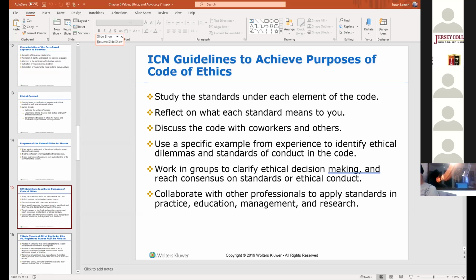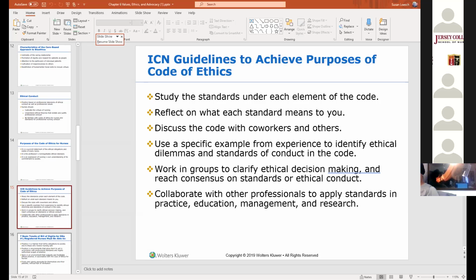If you follow the International Council of Nursing guide and study the standards under each element, then you can reflect on the standards and understand not only what it means to you, but what it means to nursing in general. You can discuss this code with your coworkers and with others, and you might want to when you become a charge nurse on the floor and you're dealing with other people that are working under your license and that you're responsible for.